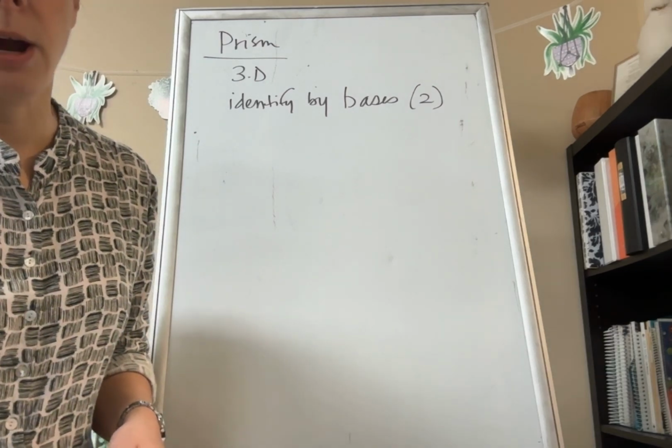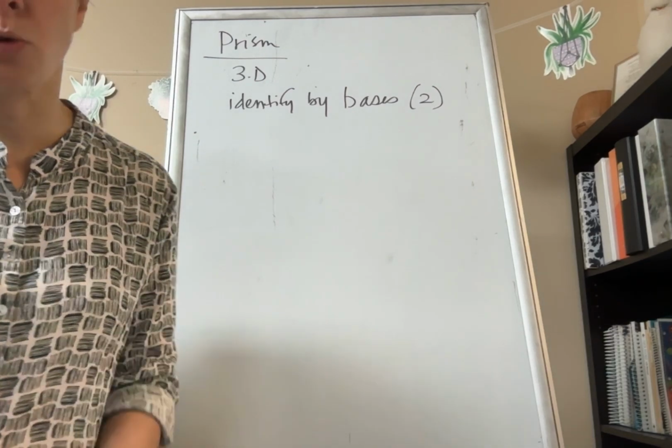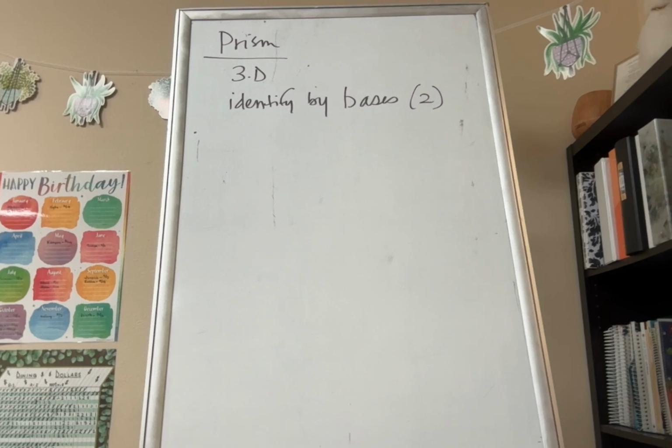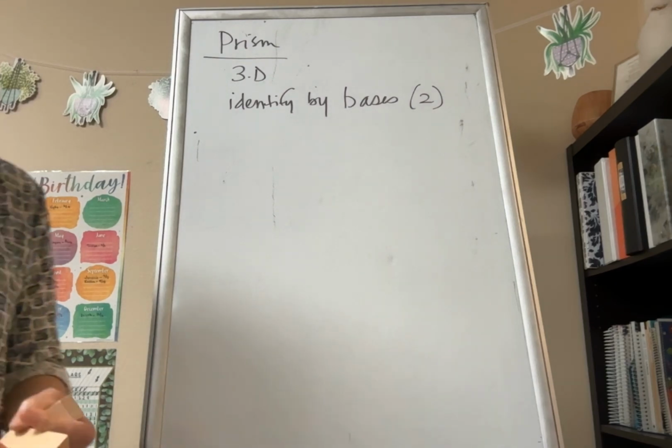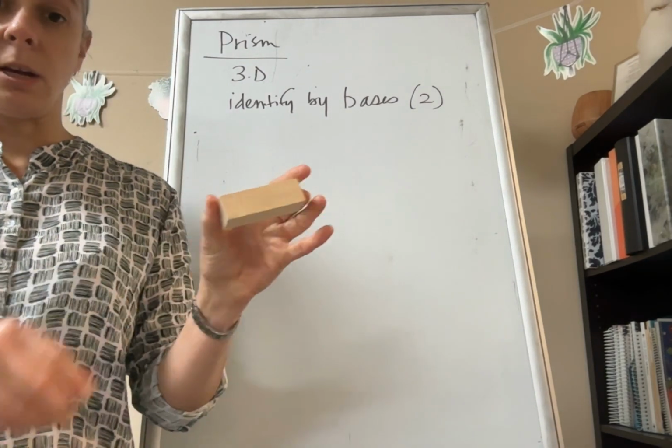Let me grab some actual shapes here. Okay, so here we have a rectangular prism.